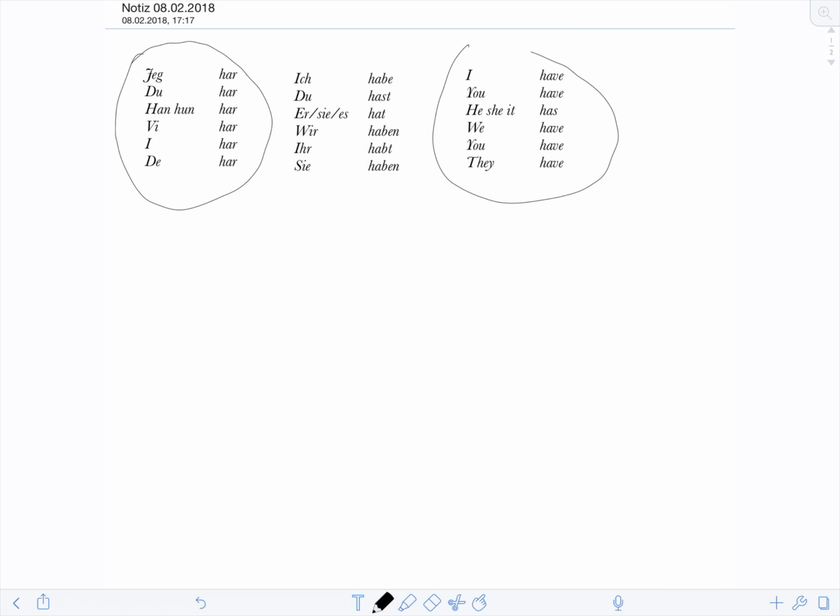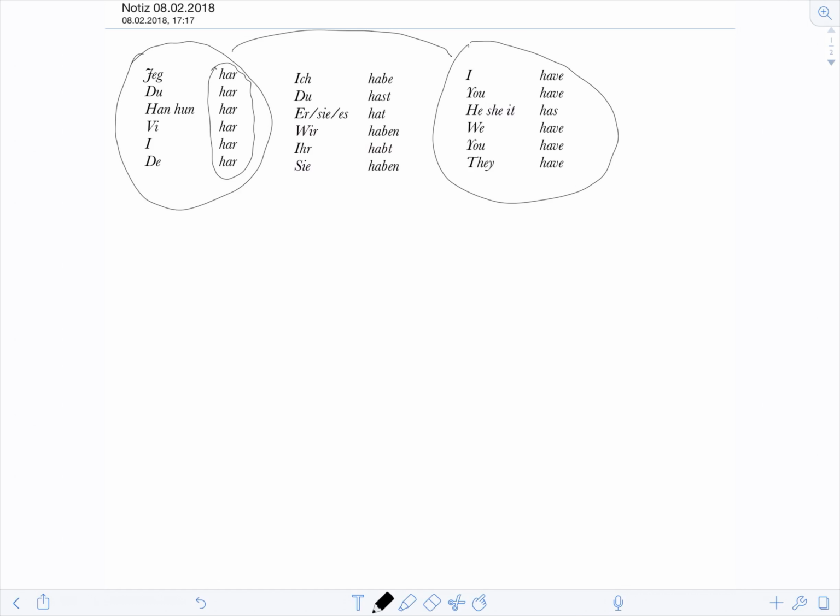In English, you have the same inflection in first and second person singular, as well as first, second and third person plural. So a Dane only has to remember that you have to change third person singular from have to has.